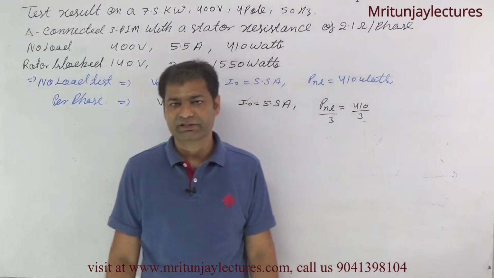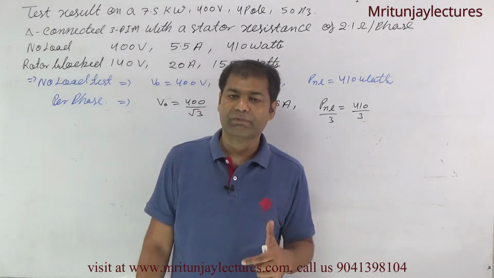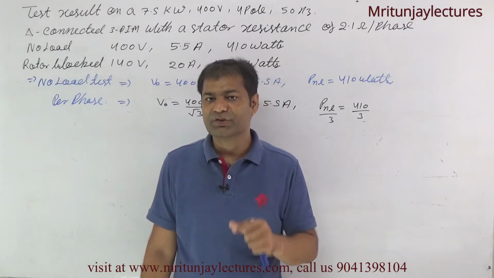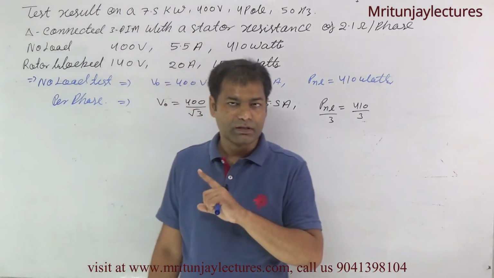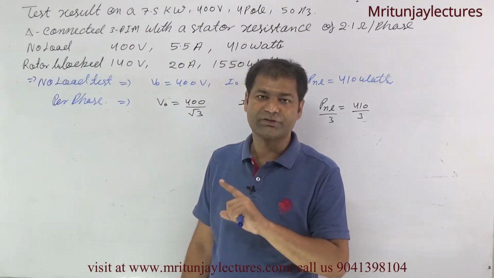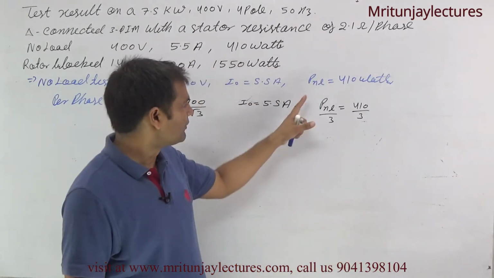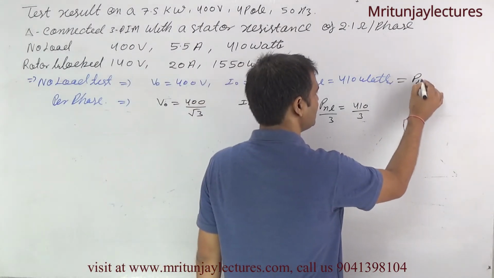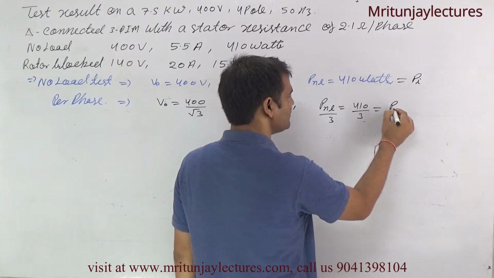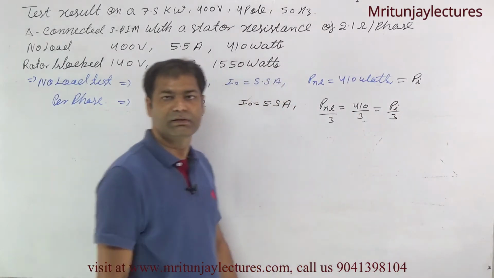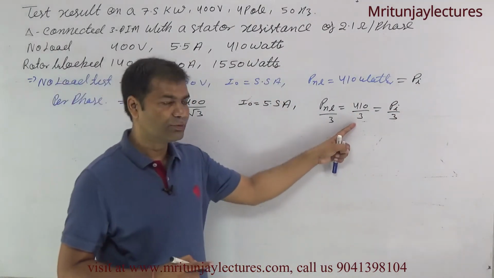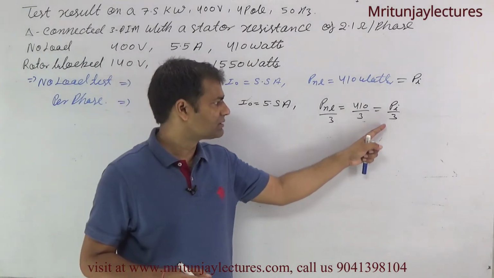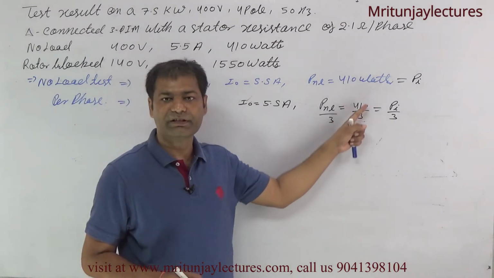Here friction and windage losses are not given, so we consider the no load power equal to Pi. So per phase, the iron loss or core loss is 410 divided by 3.